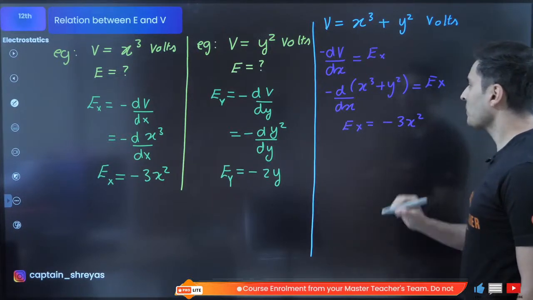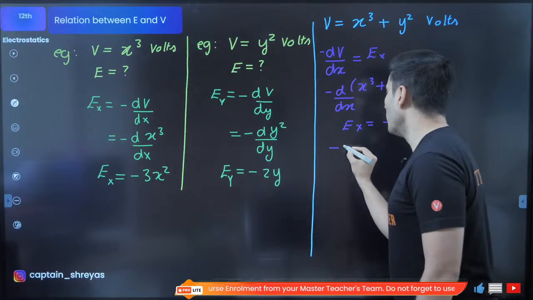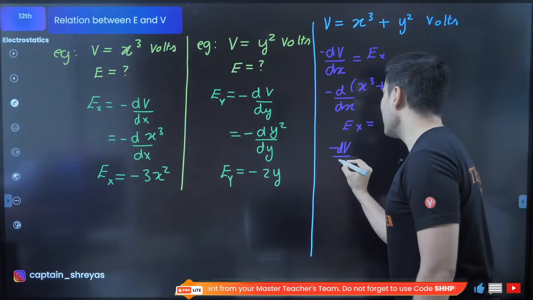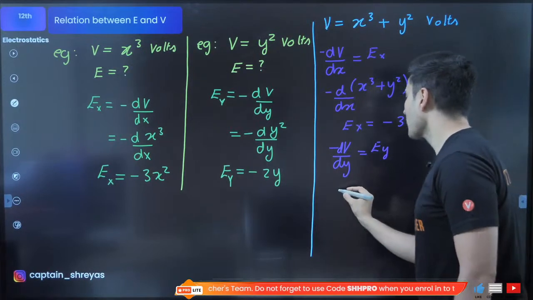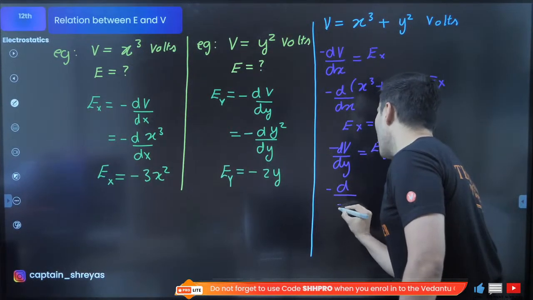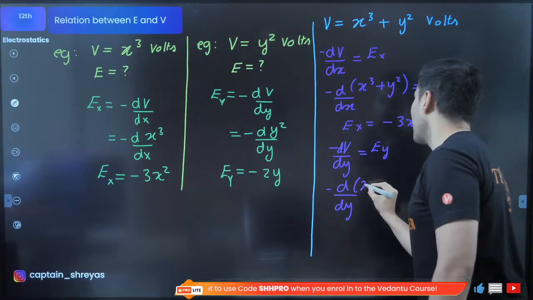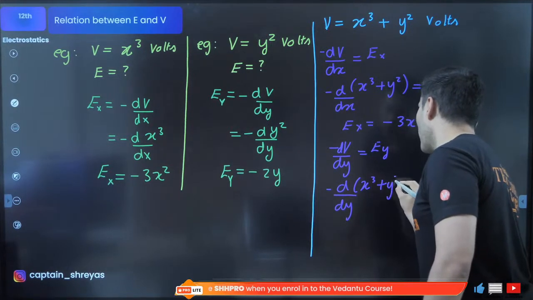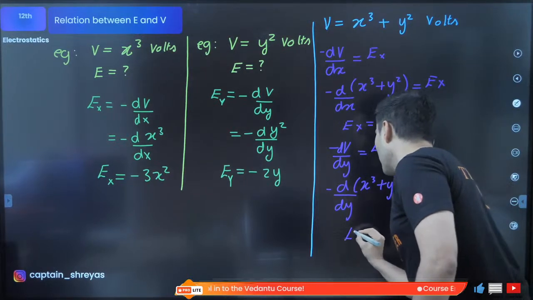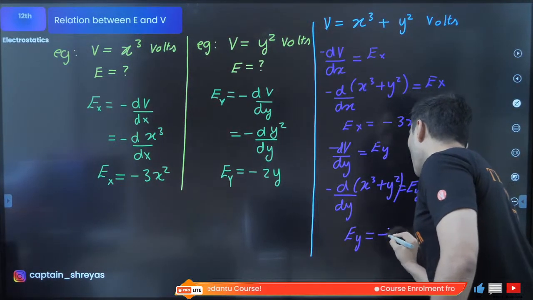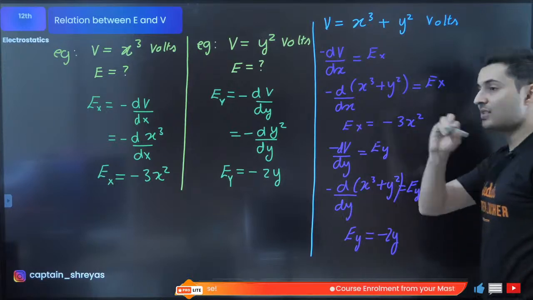Similarly, if I do minus dV by dy to find out the electric field in the y direction, I will say minus d by dy again of this x cube plus y square is equal to Ey. So I am just going to get the value of Ey as minus 2y because x is a constant.